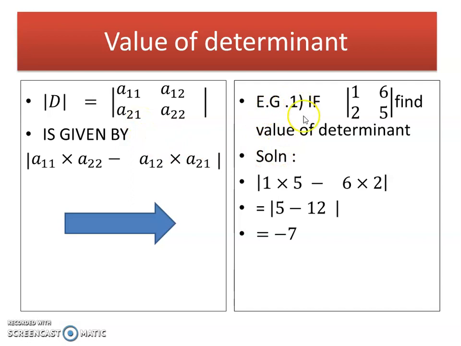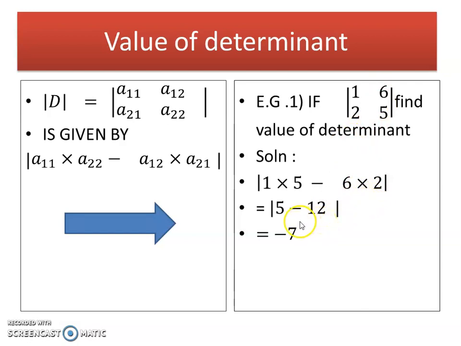Now we take an example based on this. If 1, 6, 2, 5 are the elements, I take positive numbers. Then how do we derive the value of such a determinant? It is an easy way. 1 and 5: multiply first, 1 into 5. The middle sign is always negative. 6 into 2 is obviously 12.